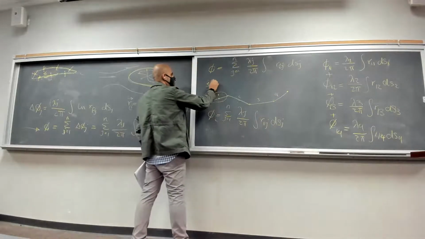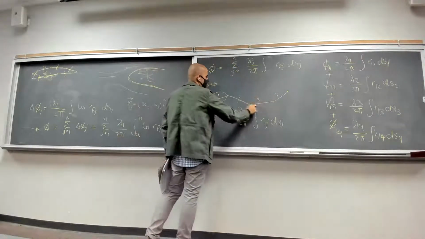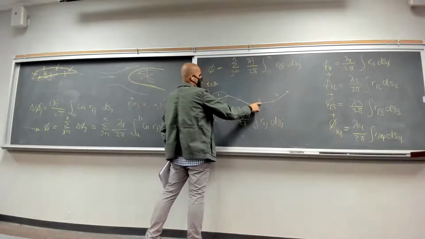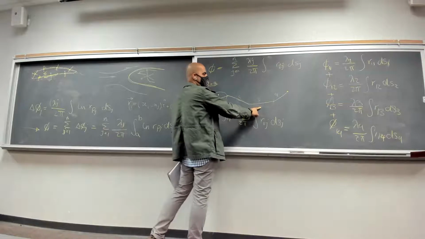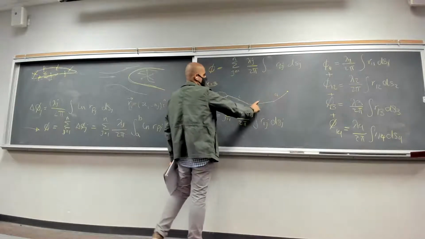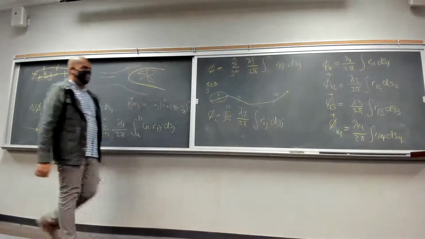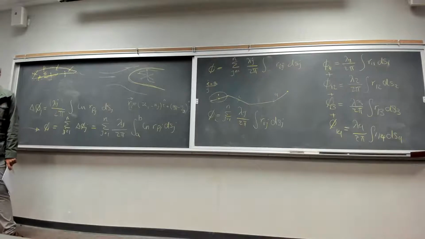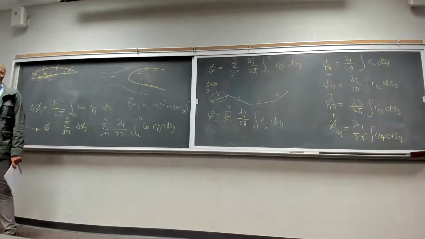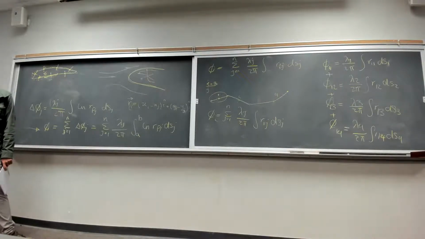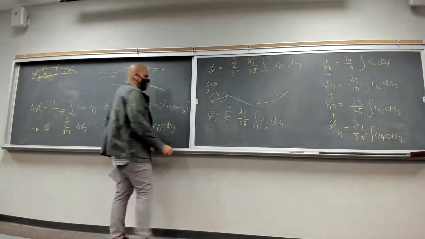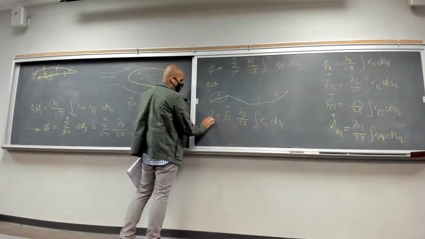Then you can make your I 3, which is this panel: the velocity potential induced by this one, plus the velocity potential induced by this one, velocity potential induced by 3 on itself, velocity potential induced by 4 on 3. That will be phi of ij.